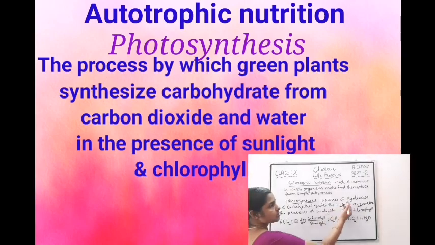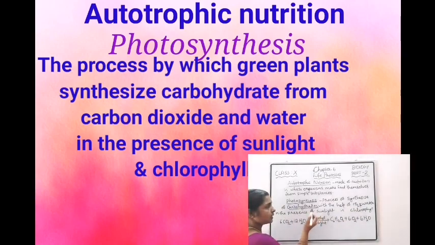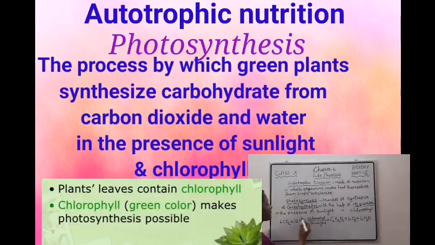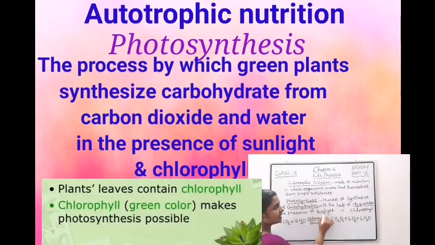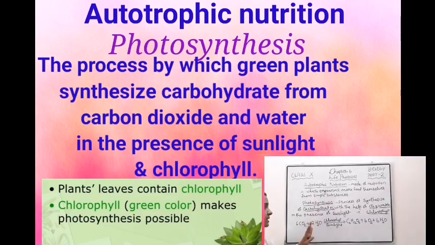It is the process of synthesis of carbohydrates. Synthesis of what? Synthesis of carbohydrate with the help of carbon dioxide and water in the presence of sunlight in the chlorophyll of the leaves is called what? Photosynthesis.